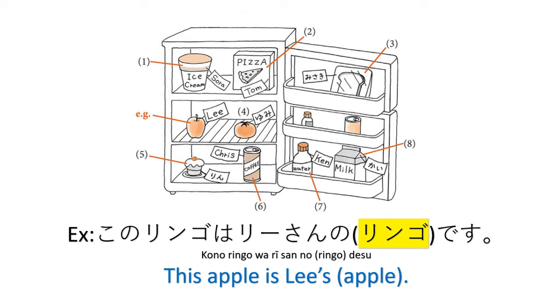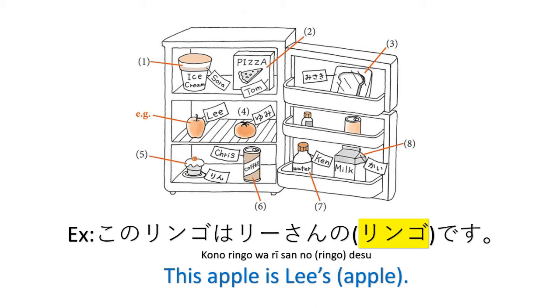Now, we do not want to overly repeat the noun apple. So instead, we can remove the second ringo. Just say Ri-san no. It's Li's. Kono ringo wa Ri-san no desu.